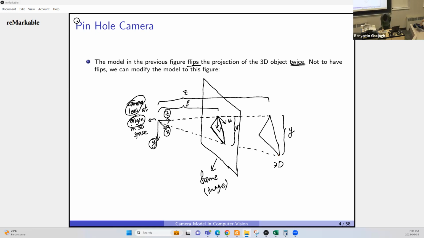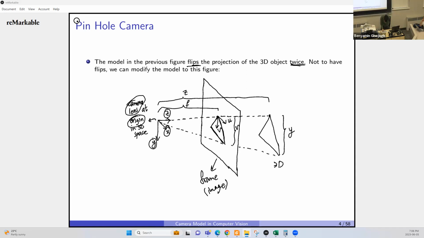How do I obtain this projected image on the frame? By just drawing lines from different points of the 3D object toward the lens. Wherever they intersect, they cut the image plane. That's the point that they are going to be projected to.